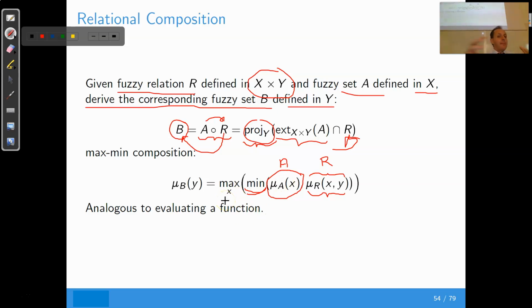Then for the projection, if you remember the concept, you need to compute the maximum of the result of this operation with respect to all the points of x, and you define the fuzzy set B. This is the concept written with the operations, and this is the mathematical computation.